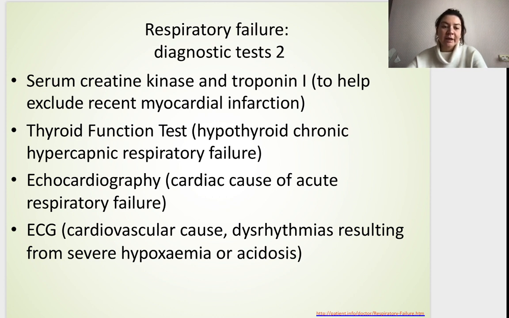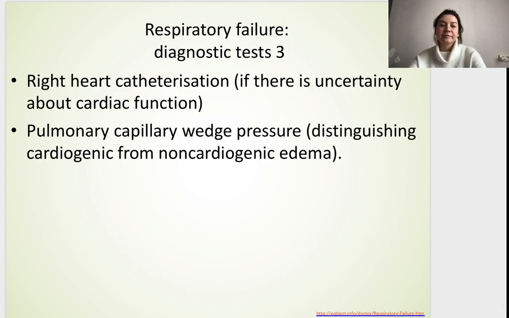And we always do ECG to find cardiovascular cause, dysrhythmia resulting from severe hypoxemia or acidosis. Right heart catheterization if there is uncertainty about cardiac function. And pulmonary capillary wedge pressure, distinguishing cardiogenic from non-cardiogenic edema.